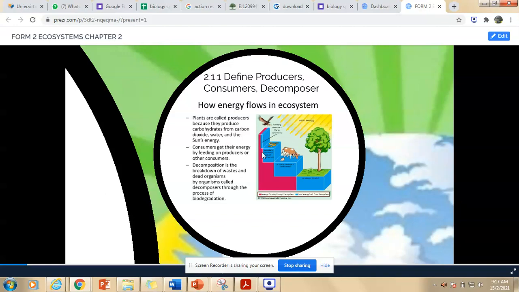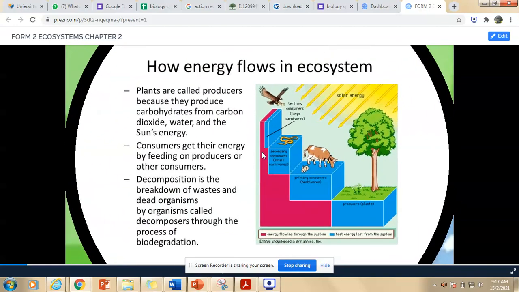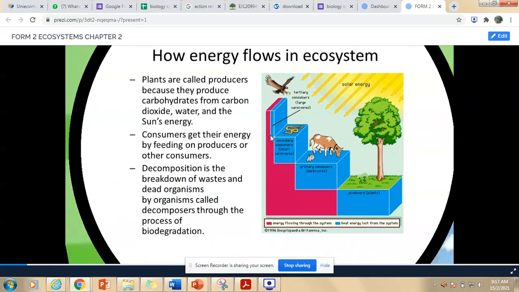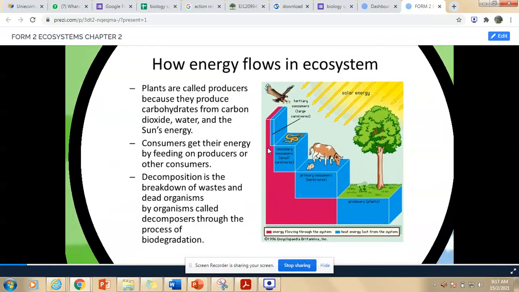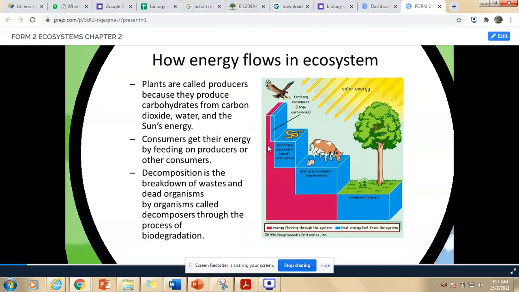Okay, and then so in this chapter, we will learn how the energy flows. As you know, if you listen carefully, only 10% of the energy, energy can be measured in calorie or joule, only about 10%.